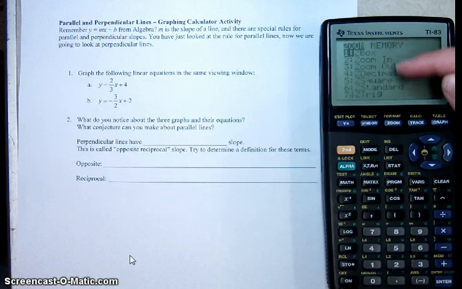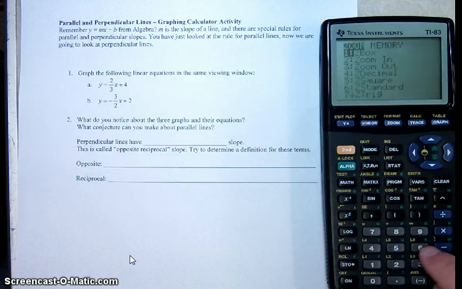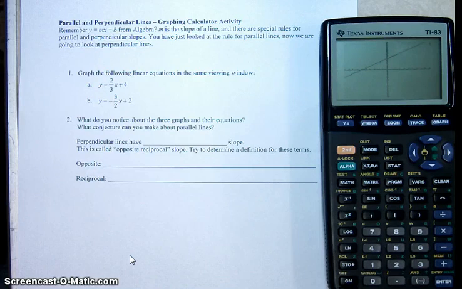If you look at your options here, you could zoom in, zoom out. Zoom 6 is zoom standard. It's the normal grid. So hit that. It'll give you a normal grid, and then you should see your lines appear right on the screen. And now, you might say that maybe they look off a little bit. They look maybe pretty close. It might just be through my doc cam and what you're seeing, but those lines are in fact perpendicular to one another.